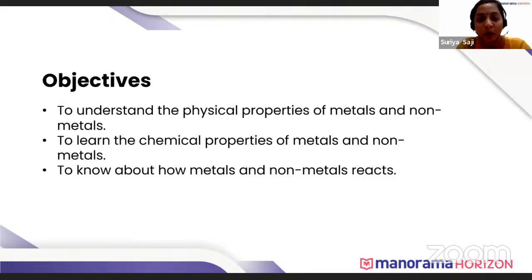We'll discuss the physical properties and the chemical properties of metals and non-metals, and we'll see how metals and non-metals react, then corrosion, and the metallurgy topic, etc. We'll have a quick look over all these topics, and if you face any difficulties or have any doubts, you can ask in between. You can post in chats. I will give the answers as well. Okay, so let's start.